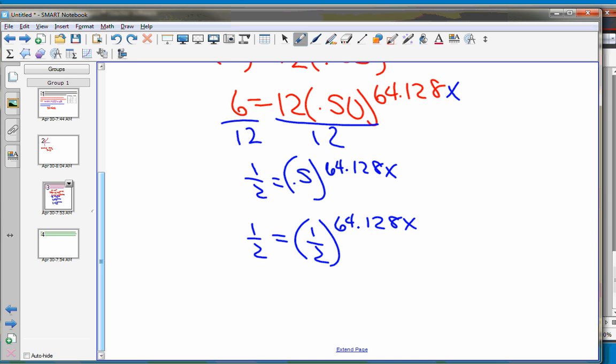What does the x have to be to make those two things equal? You can't put that in the calculator. What's my exponent on this 1/2 side over here? 1. So what would it take for 1/2 to the first to equal 1/2 to the 64.128x?